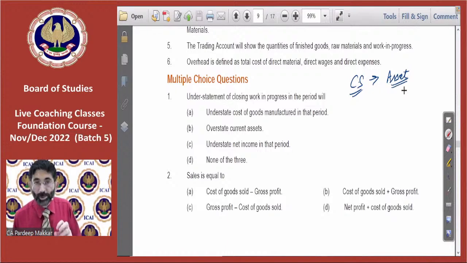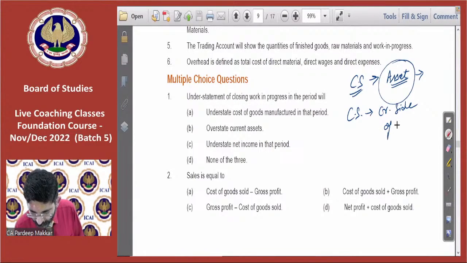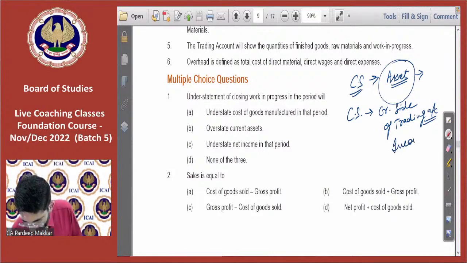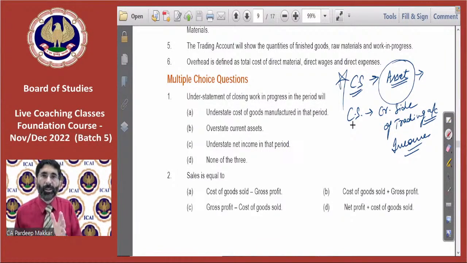So whenever closing stock is understated, then it will have double effect, because once it is an asset, obviously if it has been understated, it will reduce your asset side. Simultaneously, closing stock is entered in credit side of trading account. So trading account is just like an account in which incomes and expenses are entered. So it is basically an income also in another way. Otherwise by nature it is an asset. There's no problem. But simultaneously it is entered in trading account.